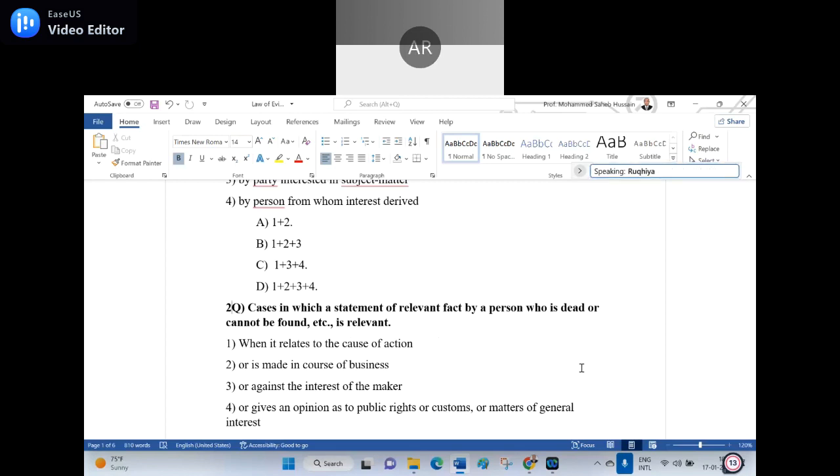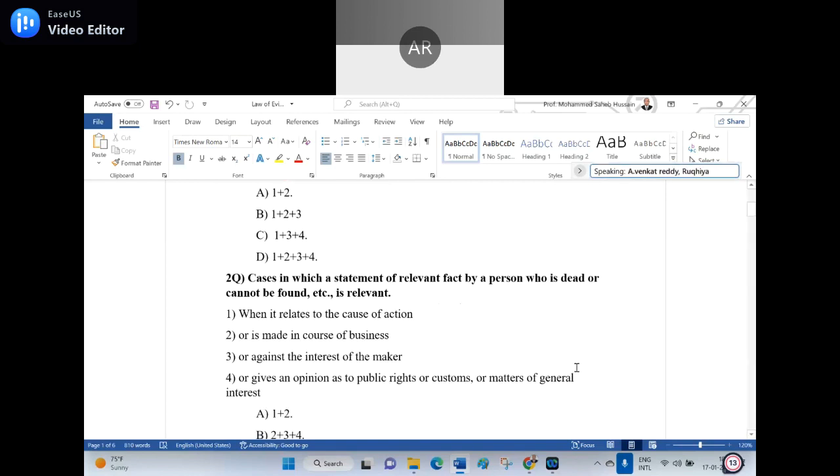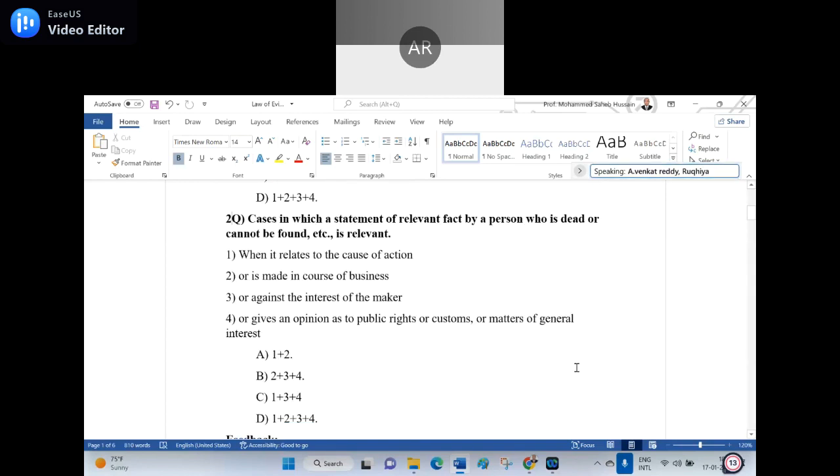Option 3. Or against the interest of the maker. Option 4. Or gives an opinion as to public rights or customs or matters of general interest. Option A 1 plus 2, option B 2 plus 3 plus 4, option C 1 plus 3 plus 4, option D 1 plus 2 plus 3 plus 4.